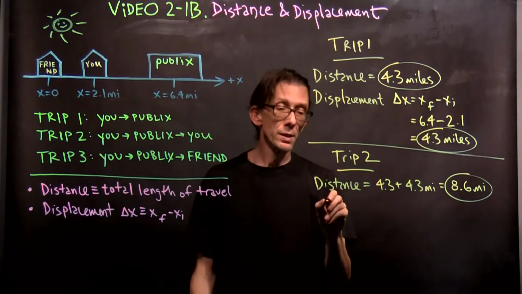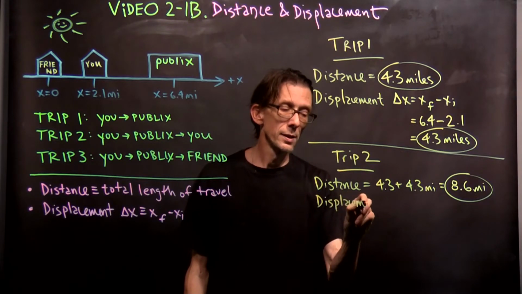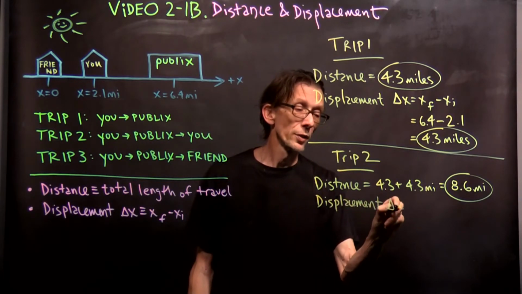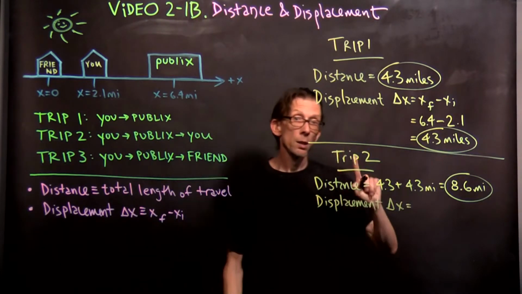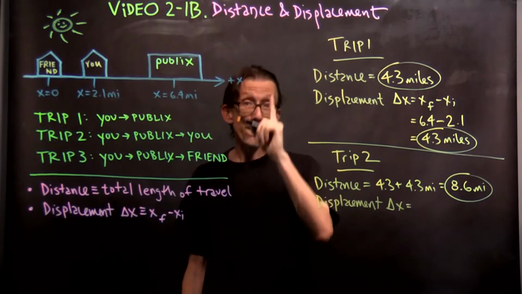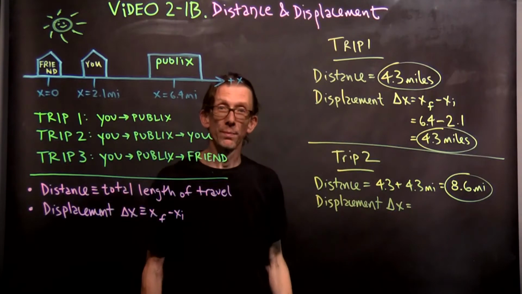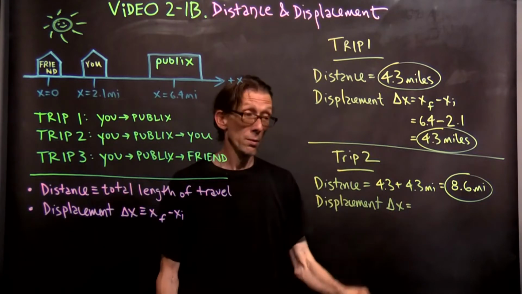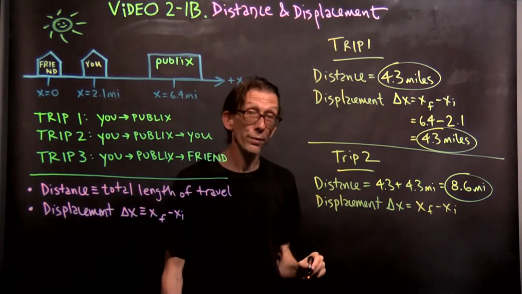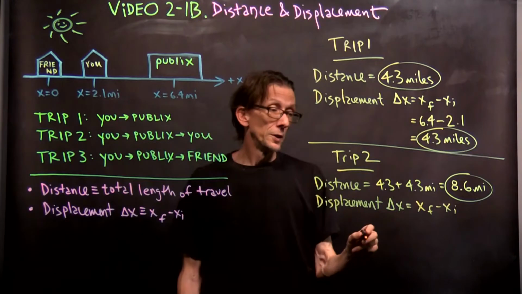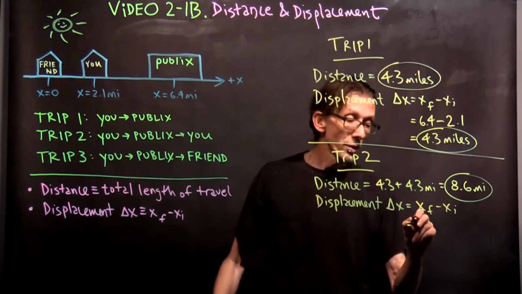But the displacement, I don't need to write this out. I can just do delta x. Displacement, delta x, is the final position of your trip minus the initial position of your trip. It's x f minus x i. That's the definition of delta x. But that equals where you ended up.